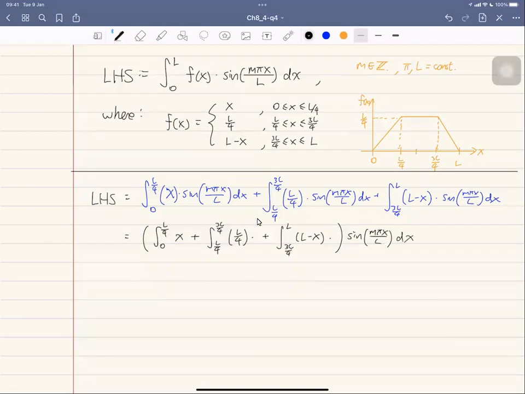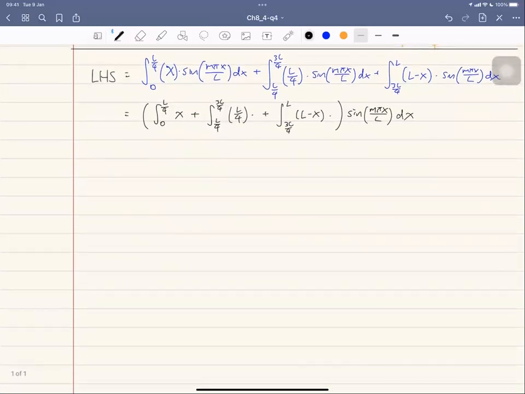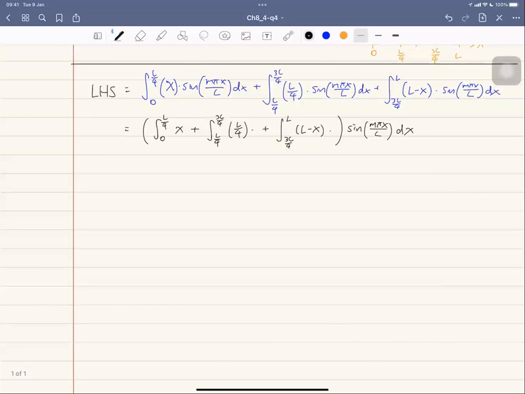So in some sense, I factored out the common factor of sine m pi x over L to the right, and directly just write this. Is it the most rigorous? Yes and no. In principle, yes, if you know what I mean. Is it common? I don't see a lot of textbooks write that out, but it's rigorous as far as I'm concerned, and it's completely fine if you want to do it in your exam in this class as well. It's understandable, but you need to know what you're doing.